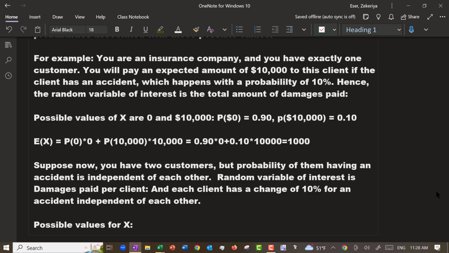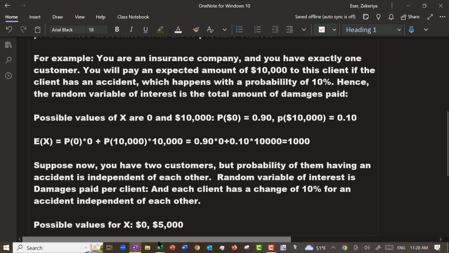Since we're doing it per client, 0. If only one of them has an accident, per client, there's going to be 5,000. Or both of them have an accident, 10,000.